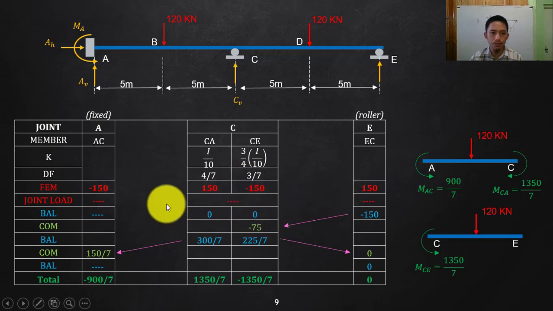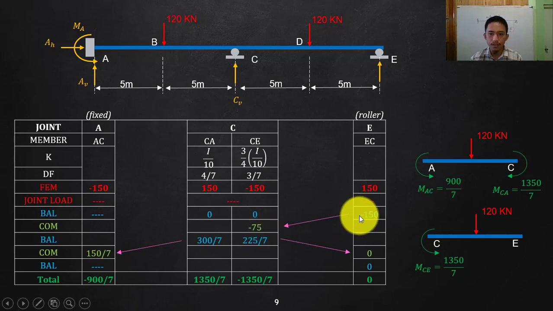However, let's try to look at this. We balanced that, so it means I just transferred a moment on your member EC. In here, no problem. There is nothing to be transferred. But in your joint E, I transferred a negative moment at member EC. So, what happened? That is not equilibrium. So, what will I do? I will apply the carry over.